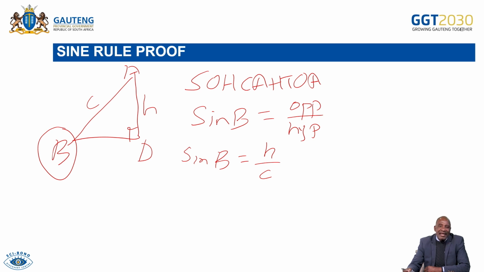Before we can even continue further, every time you are dealing with trigonometry, always check if your calculator is in the right mode. Otherwise, if your calculator is in gradients, all your angles are going to be affected. Always make sure your calculator is in degrees. How do you check if your calculator is giving correct answers? When you press sine of 90 degrees, it must always give you 1.